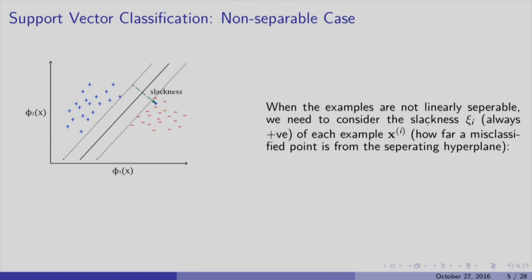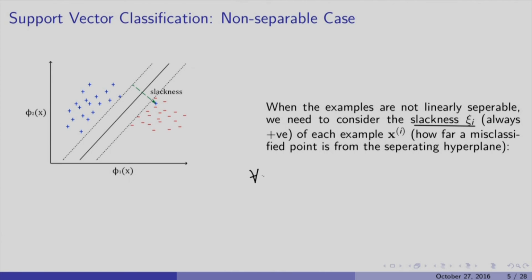So what about the non-separable case? In this setting we will need to introduce slackness parameter for every example, pretty much like in the regression case. However, because we expect the positive points to all lie on one side and the negative points to lie on the other side, we will have only one slackness for every point. So what will this amount to?